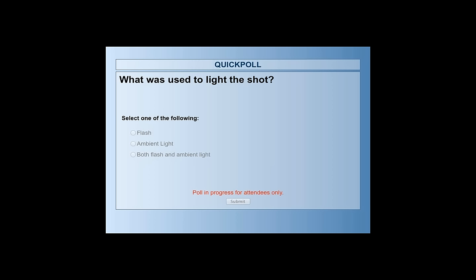Okay, look at the shot. And I would just like to ask you guys, I'm going to poll you again. Was it shot with flash, ambient light, or both? Okay, the answers are coming in.